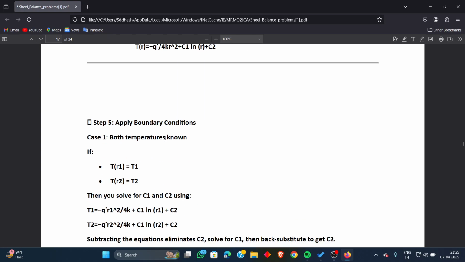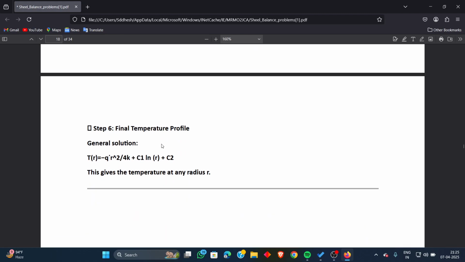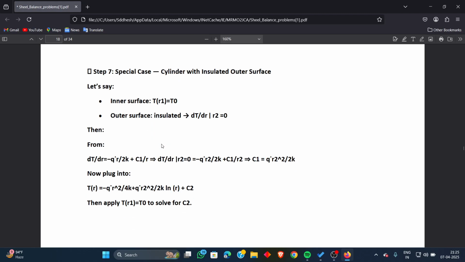Step 5 is applying boundary conditions. After applying the boundary conditions, we get C2 after back substituting it. Final temperature profile comes from T(r) is equal to minus q dot R square upon 4k plus C1 ln R plus C2. And step 7 is a special case here, cylinder with insulated outer surface.